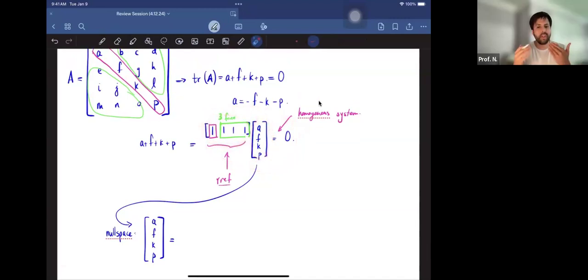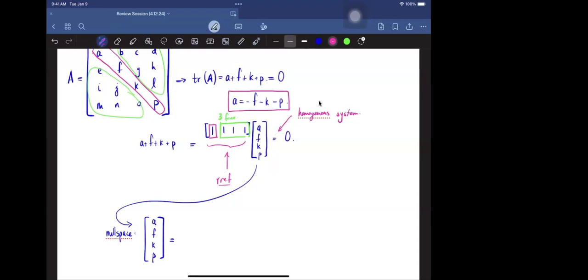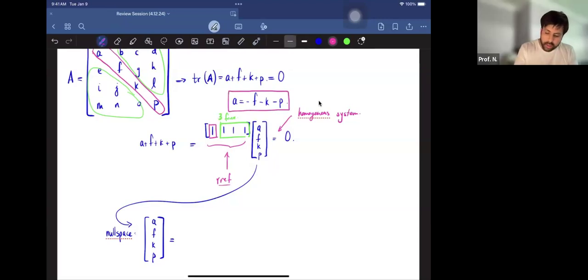So I'm looking for the null space of this matrix. I want to know what are the things that when I multiply this matrix by give me 0. What do they look like? Well, you already solved it here. A is negative F, negative K, negative P. So I can write it this way: negative F, negative K, negative P. What's F? It's F. What's K? It's K. What's P? It's P. But then what can I do here?